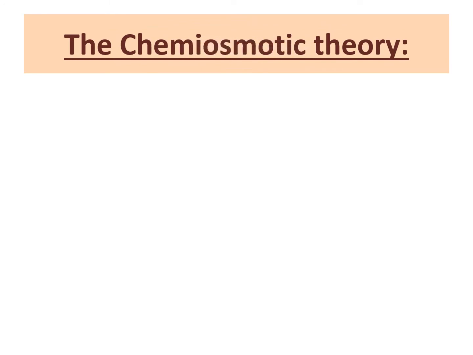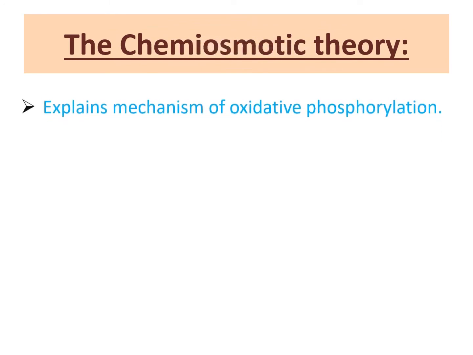The chemiosmotic theory. This theory explains the mechanisms of oxidative phosphorylation. It explains how the oxidation of the components of the respiratory chain leads to phosphorylation of ADP with inorganic phosphate so as to form ATP.